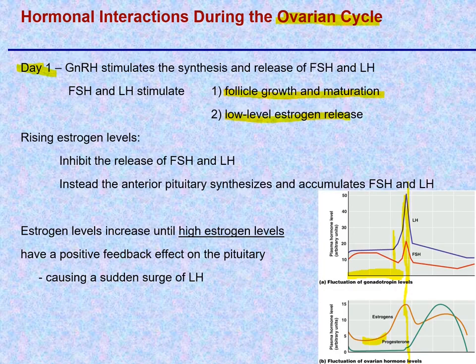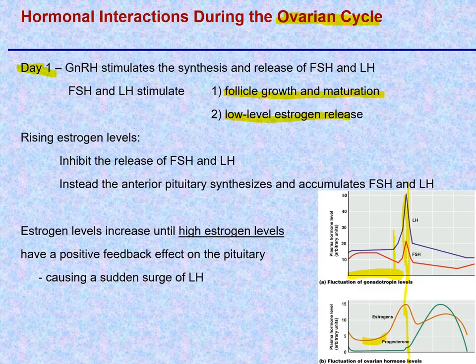Instead the anterior lobe of the pituitary is synthesizing these two gonadotropins and accumulating, storing them up.